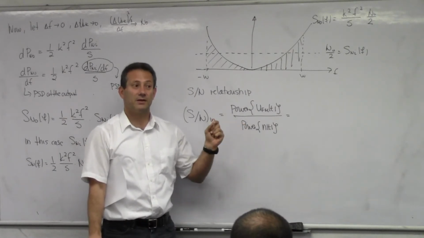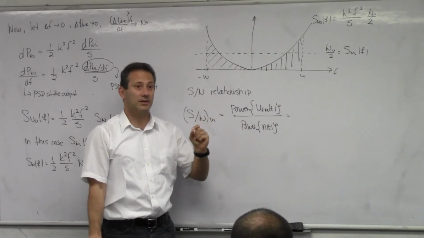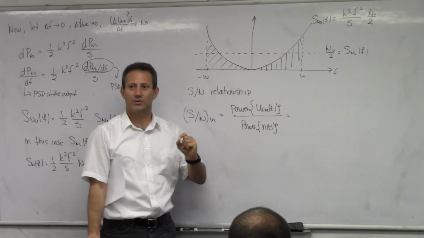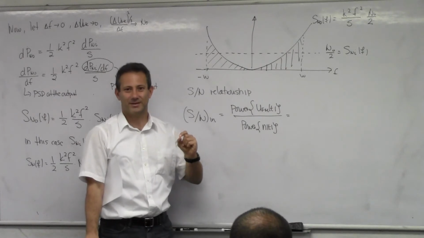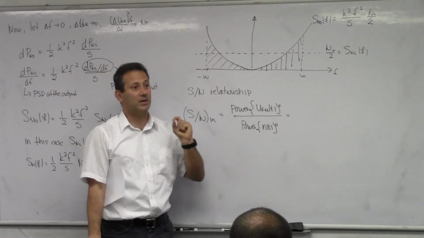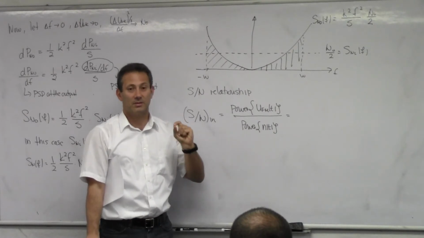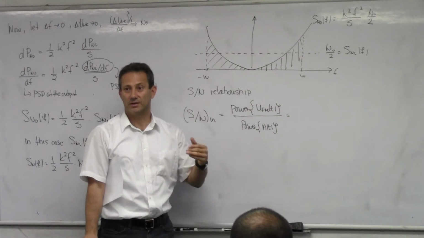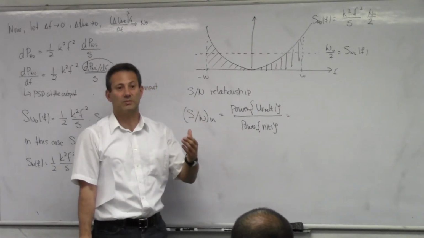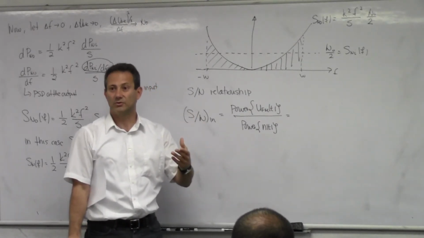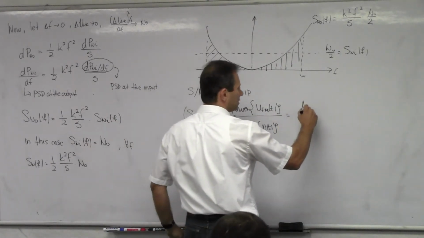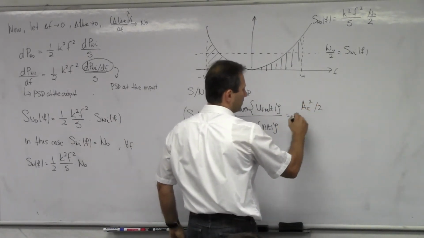For an FM carrier, the power of the modulated signal is the same as the power of the carrier. Remember, that was for the midterm exam, right? Because you're modulating only the phase, and power depends only on magnitude, the power does not change as a function of the modulation, right? Your power is always going to be Ac squared over 2. So the power of the FM signal is Ac squared over 2.